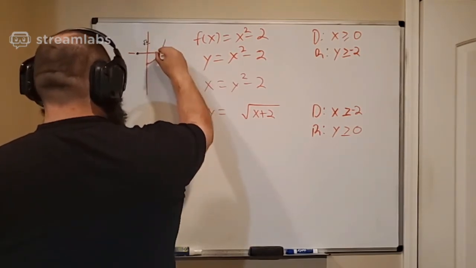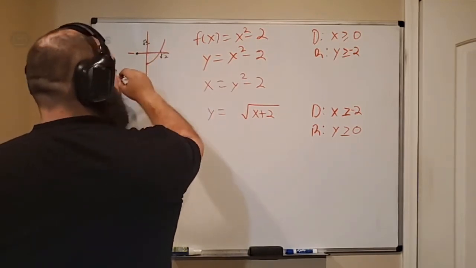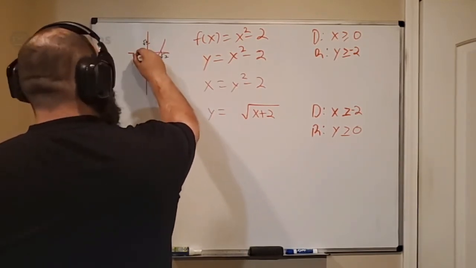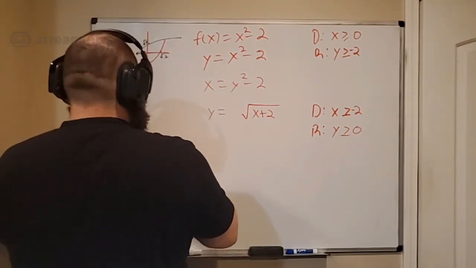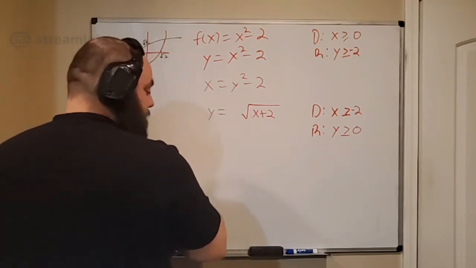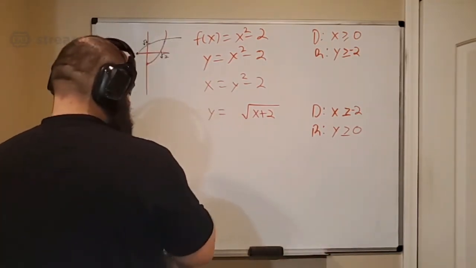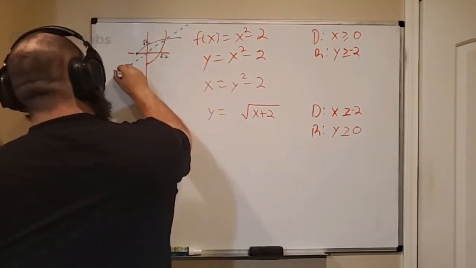And then they'll meet somewhere in the middle. So it looks something like that. Remembering that they have a line of symmetry being y equals x.